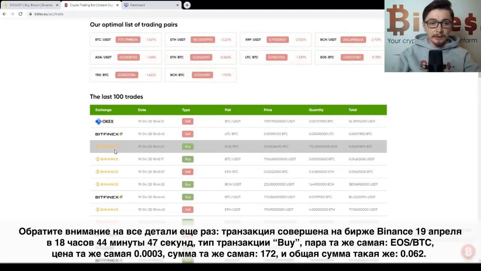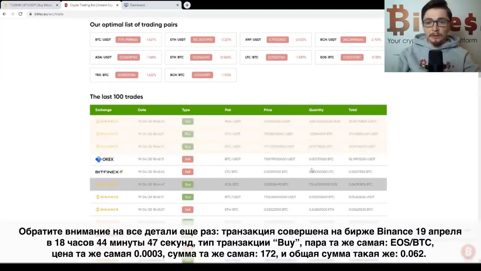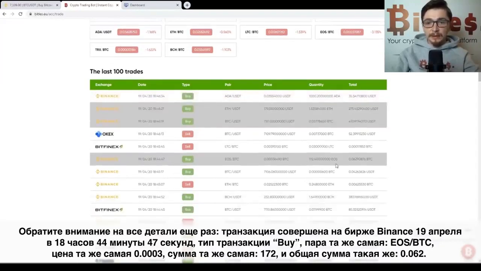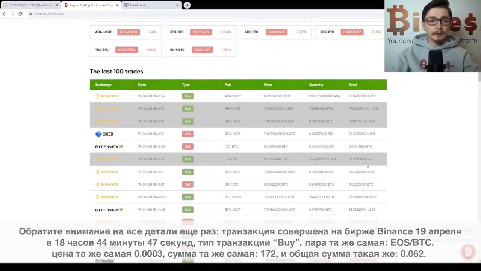This trade is made at Binance Exchange on April 19 at 18 hours 44 minutes 47 seconds. It's a buy trade. The pair is the same, EOS to BTC. The price is the same, 0.0003. Amount is the same, 172. And total is the same as well, 0.062.